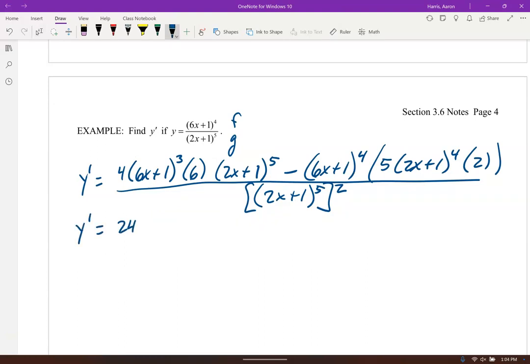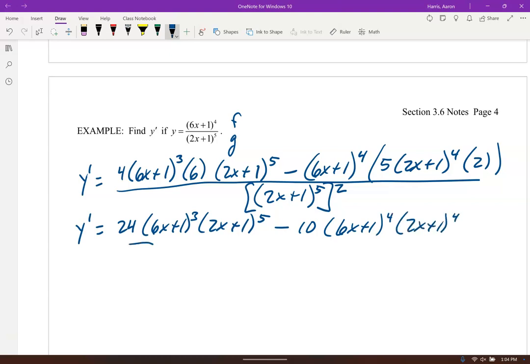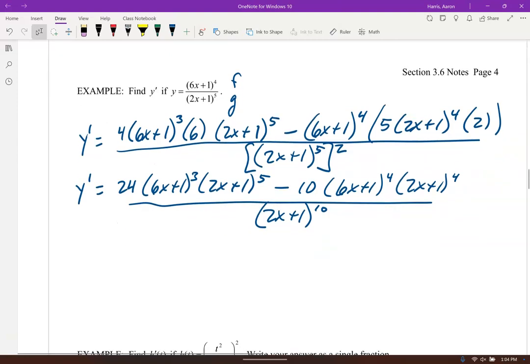So I got 24. And that's 2x plus 1 to the 10th. I'm going to go ahead and, looks like I can take out a 2 and 3 of these 6x plus 1s and 4 of these 2x plus 1s to the 4th.